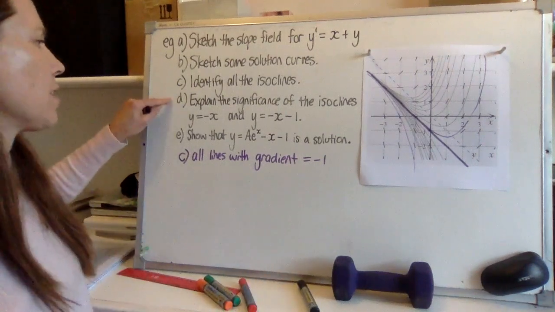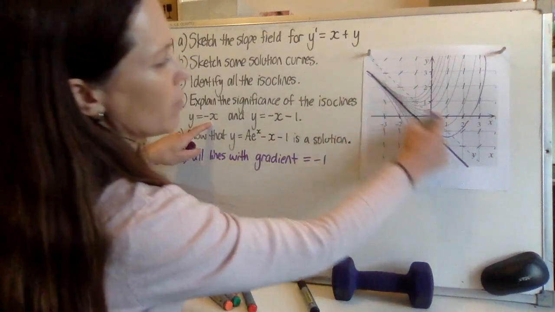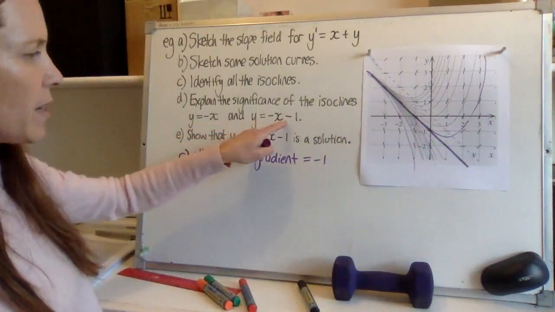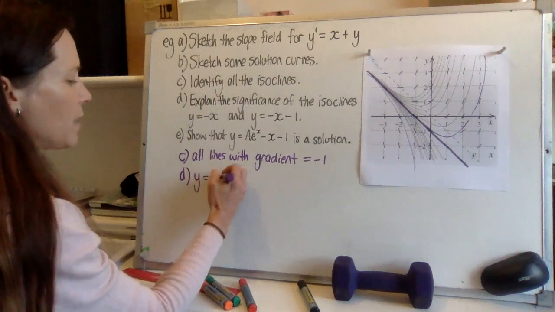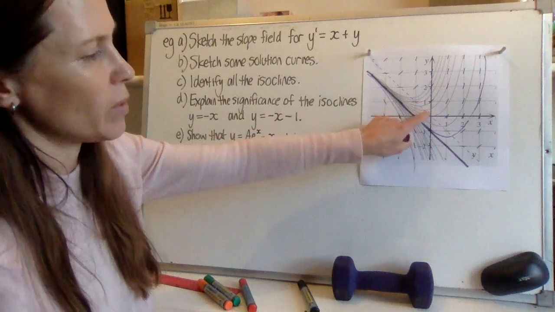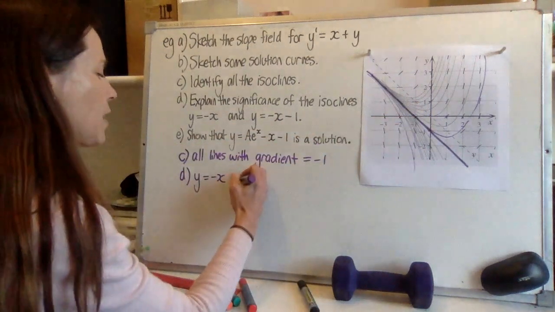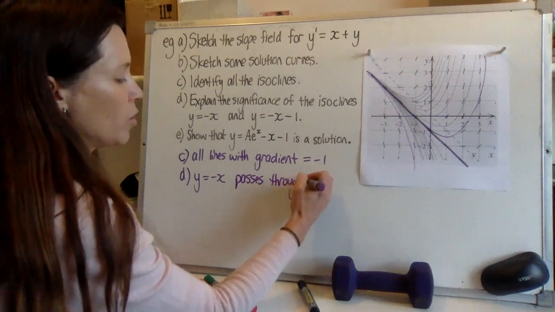All right, D, explain the significance of the isoclines y equals minus x, that's the dotted line, and y equals minus x minus 1. Okay, so y equals minus x is the isocline that connects all of the points where the gradient is 0. So we could just say that it passes through all the turning points of the solution curves.